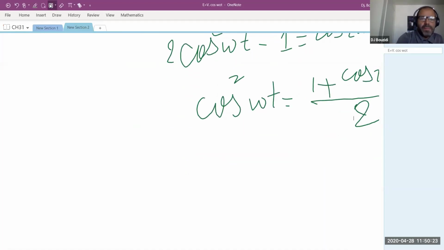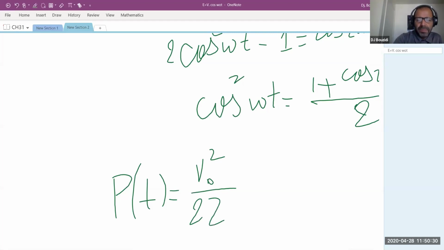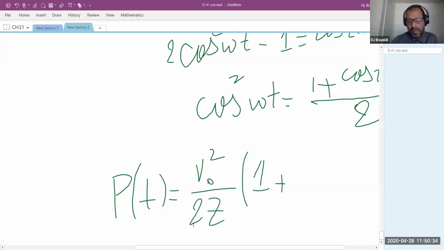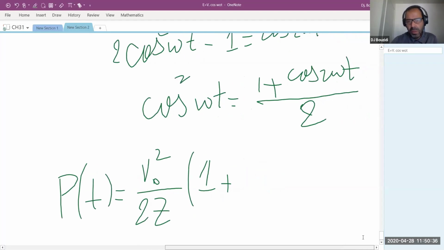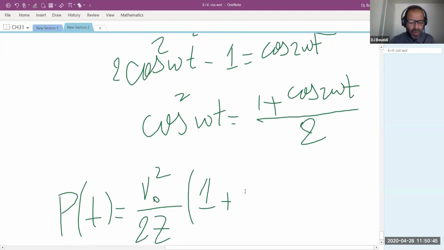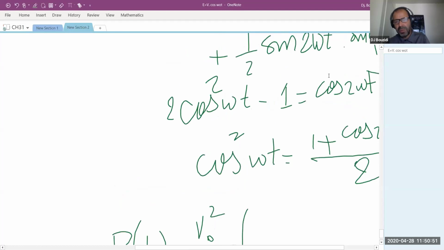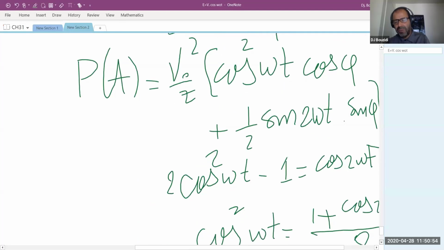to being, as a function of time, V naught squared over 2Z times 1 plus... the 1/2 is out. So I have 1 times cosine phi first. Don't forget the whole thing is multiplied by cosine phi. So I'll be left with a cosine phi in here.